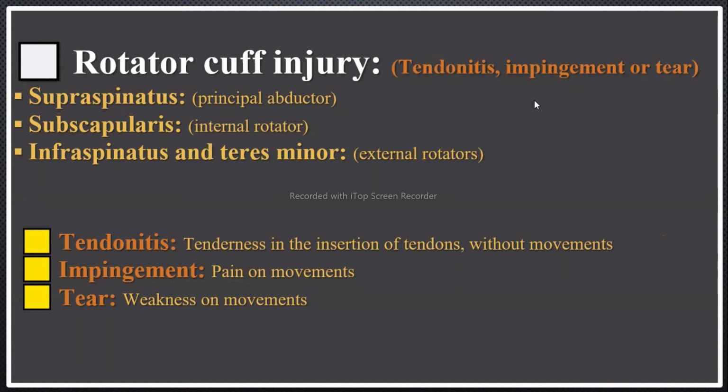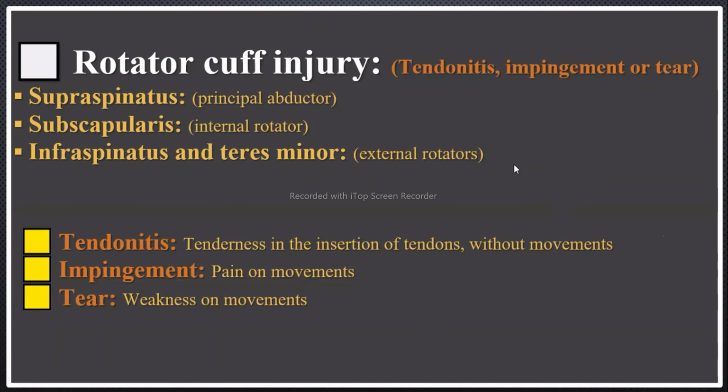But in impingement, if you ask the patient to move his shoulder, he has pain. So what does pain on movement mean? Impingement syndrome. But the patient can move, he has no weakness, only pain, and there is no pain unless he moves the limb. Regarding tear, it means weakness.